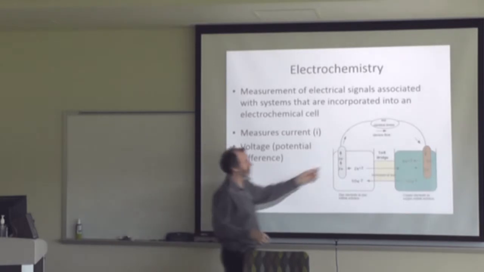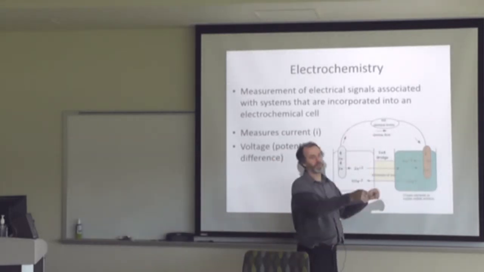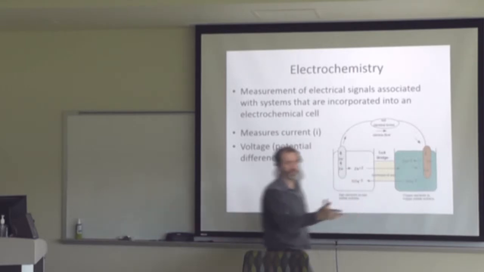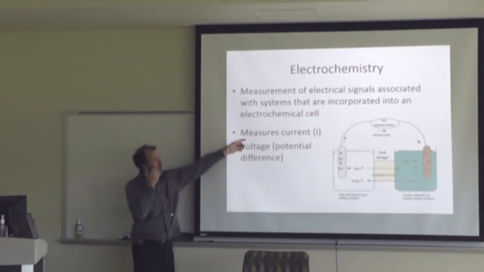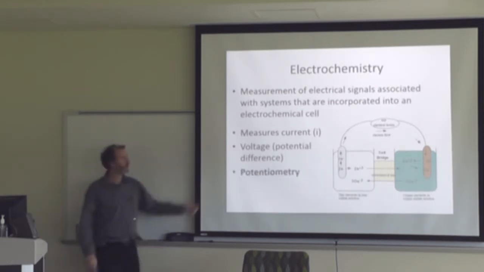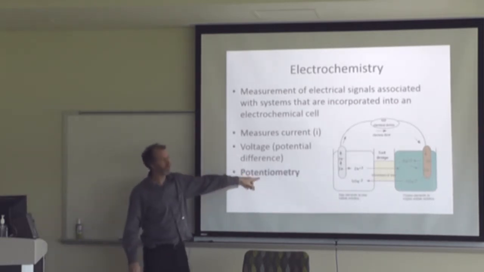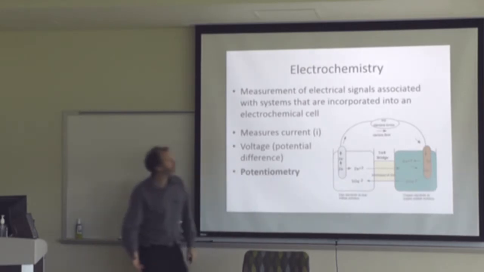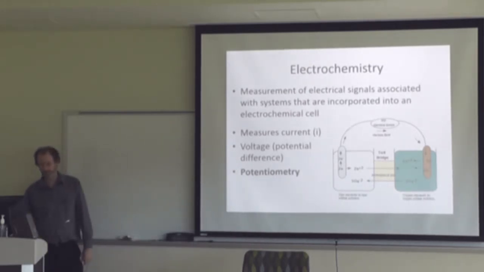If we don't have any current, we can put a voltmeter there, and that'll tell us which direction and how strong the tendency is for those electrons to flow. The current is the actual flow of electrons. So if we're just measuring the voltage, this is known as potentiometry, because we're measuring the potential between these two cells. Does that make sense, or these two half reactions?